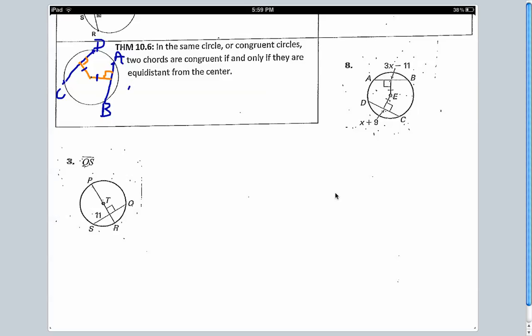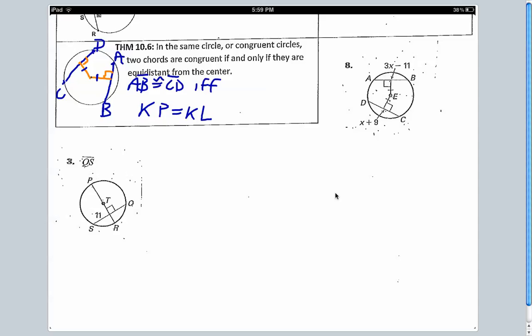So it says this: AB is congruent to CD if and only if KP equals KL. And let me put in KP and L.